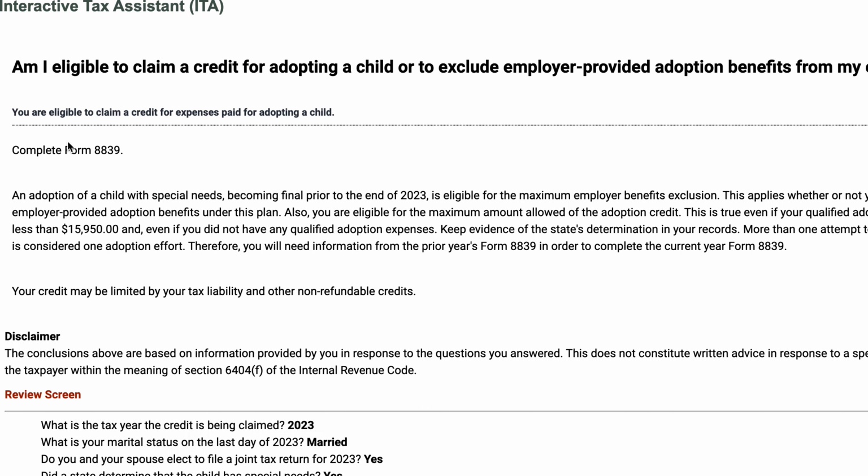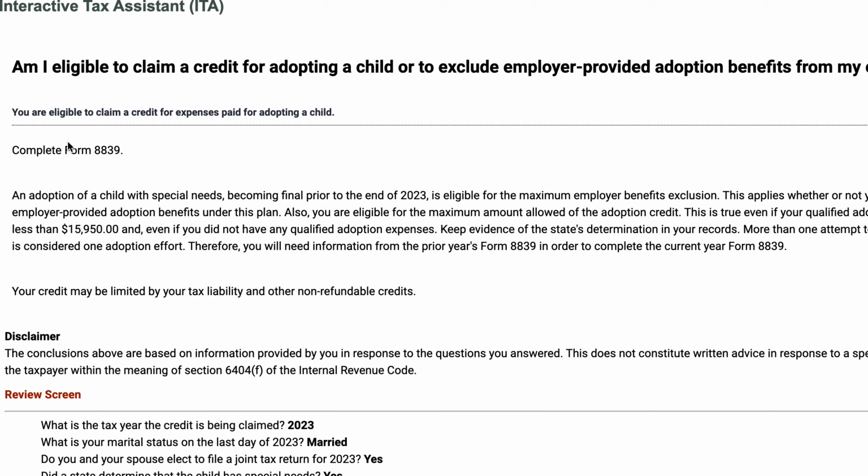And so basically you can still apply for the, you're eligible for the maximum exclusion even if you received employer provided adoption benefits under the plan.